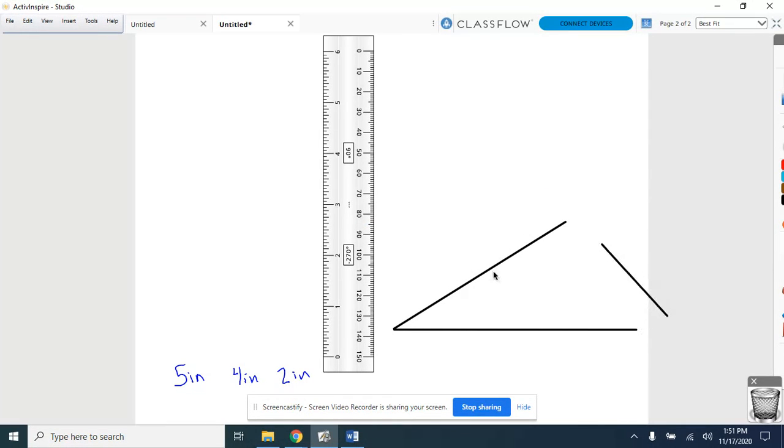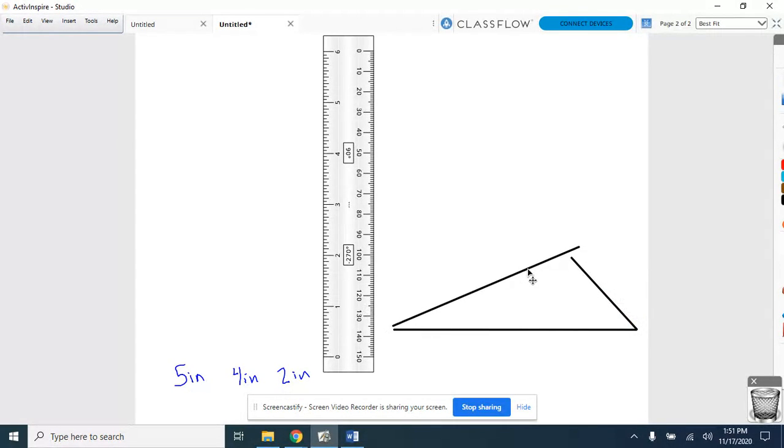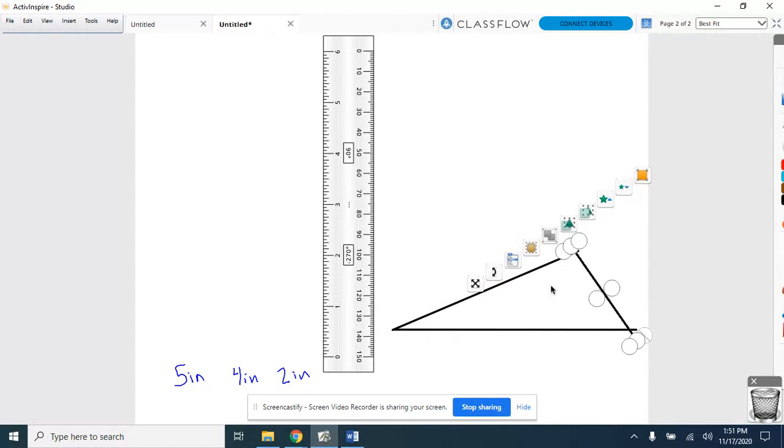So if we turn this here, if you notice, now it looks like these are going to be able to match up. With enough trial and error, we can actually make a triangle just like so, using 5, 4, and 2.